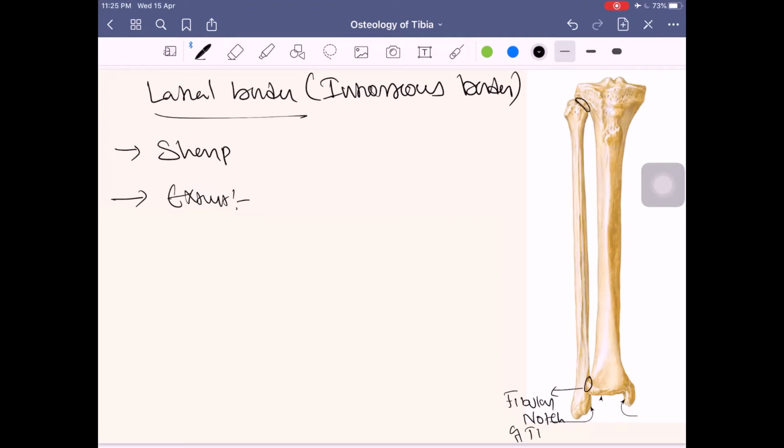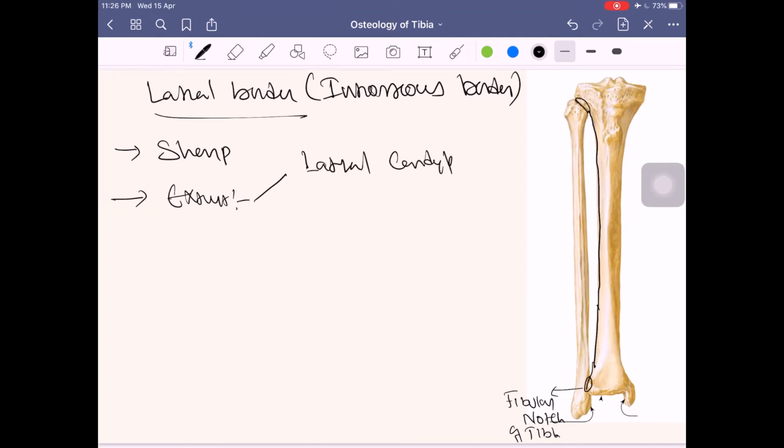So the border extends from the lateral condyle of the tibia, below the facet for the head of the fibula, goes all the way down, and when it comes to the lower end, it becomes the anterior border of the fibular notch of the tibia.